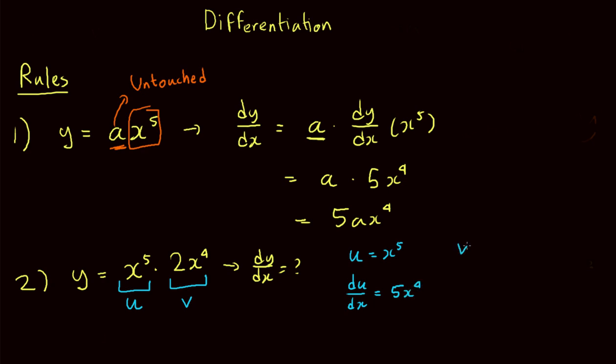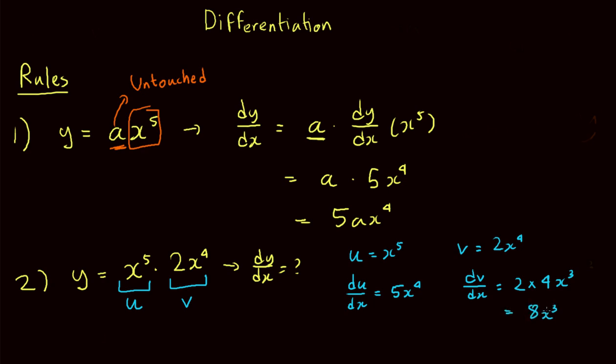And for v, we will have a function right here, which is 2x to the power of 4, and dv dx is quite simply 2 times 4 x to the power of 3, which will obviously give me 8x cubed.